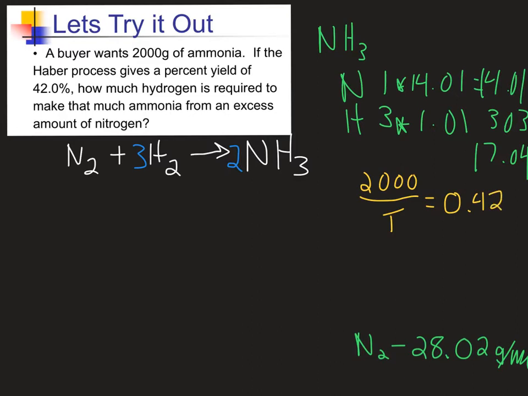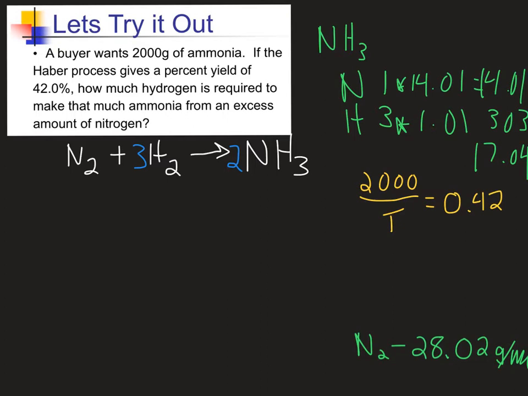I need to figure out what my theoretical endpoint is going to be so I can actually add the correct amount of hydrogen. Because if I try to find out how much hydrogen for 2,000, it's going to be like 56% less than what I want. I don't want to come up short.